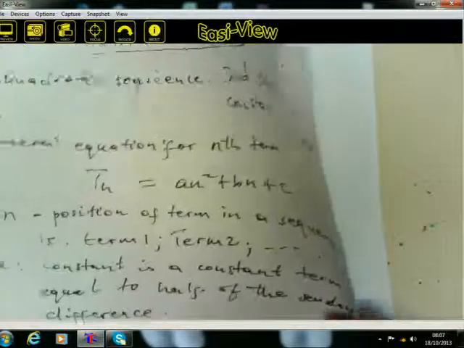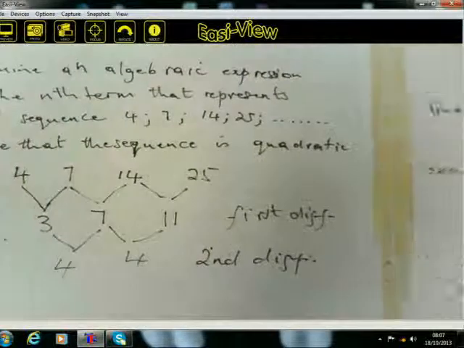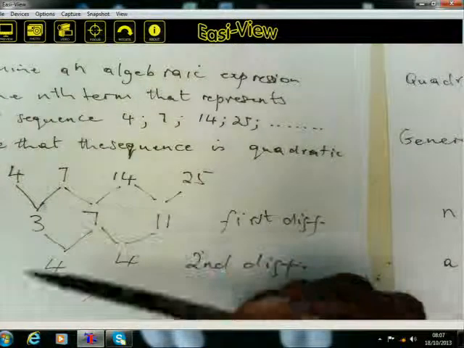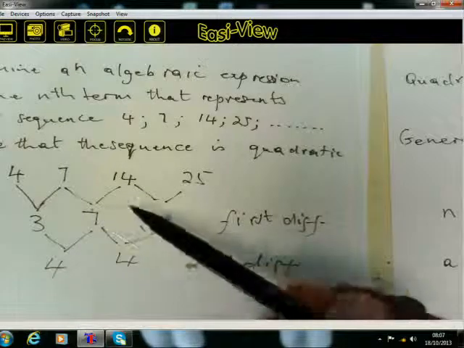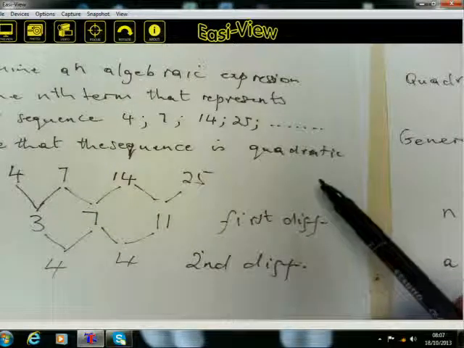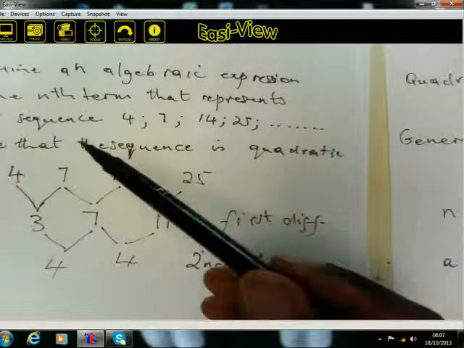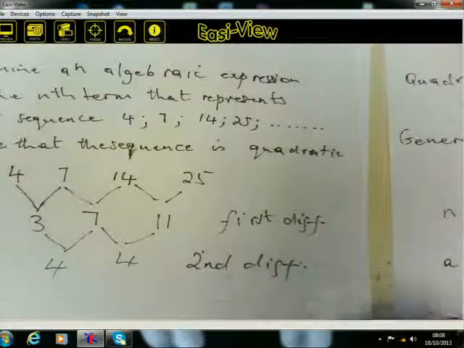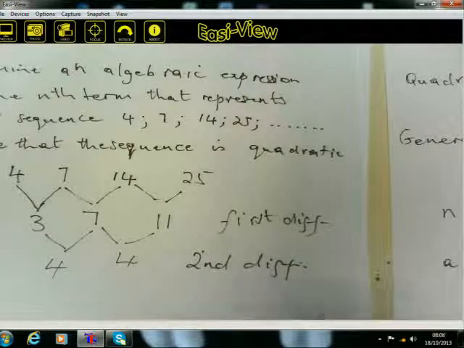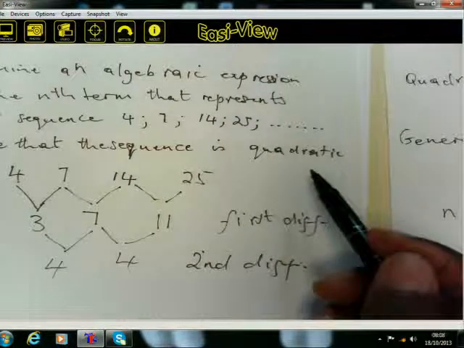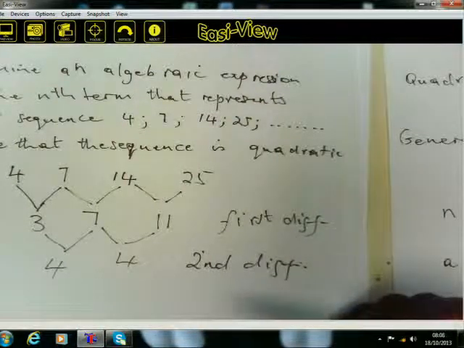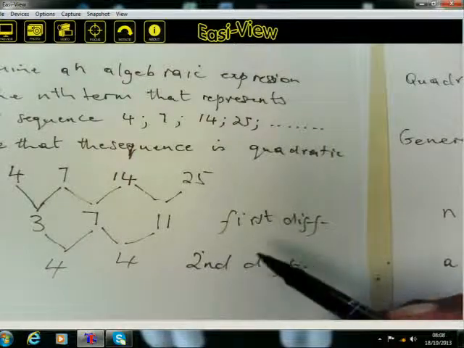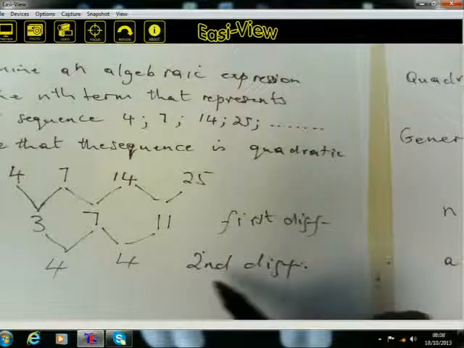Here we have 4, 7, 14, 25 up to infinity as our sequence. Now, we must determine the nth term. How do we go about determining the nth term? We must ensure that the sequence is quadratic. How do we ensure? We look for the first difference and the second difference.